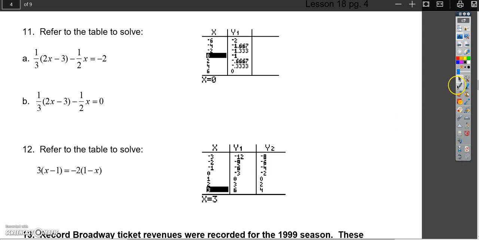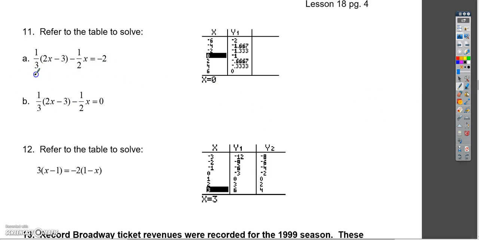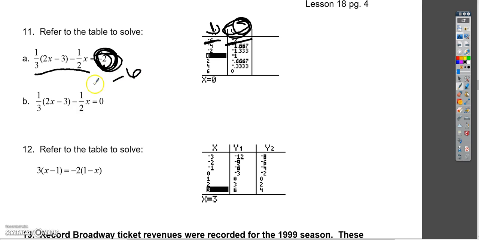Okay. This one looks intimidating, but it's just saying this is y1, and this is what x equals. So if y is equal to -2, x was -6. y is 0 here, then x would be 6.